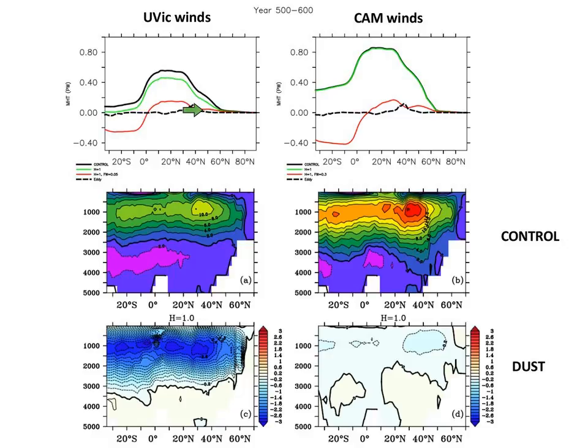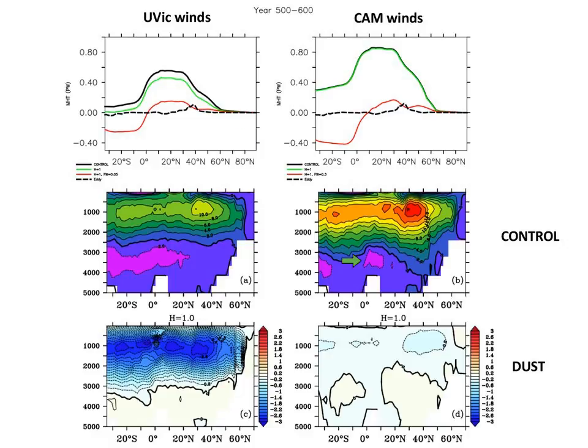Here the eddy variability, this dashed line, is due to a Gent-McWilliams parameterization, which is similar in both models and is very small in comparison to the total. You see the green and the black curves are basically the same because we don't have much AMOC variability under the CAM winds.